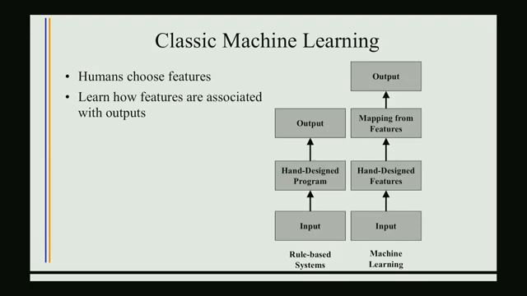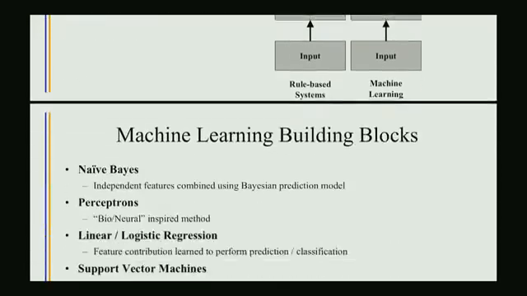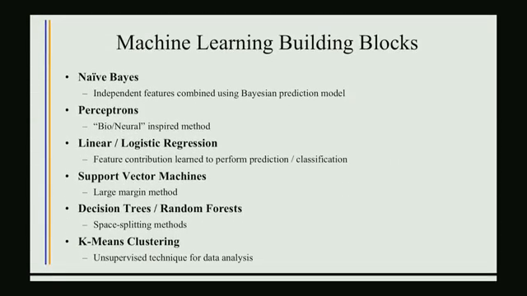So let's start here in terms of classical machine learning. What I would encourage you to do is become familiar with the workhorses of classical machine learning. We're going to talk about a few of these in detail.